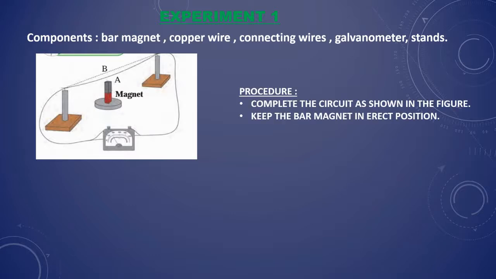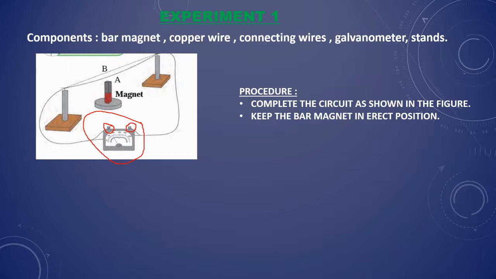the first point is complete the circuit as shown in the figure. In the figure, we can see the galvanometer, which I am marking with the red color. So this is the galvanometer, and there are 2 ends on this galvanometer, which I have marked again in red color in circle.